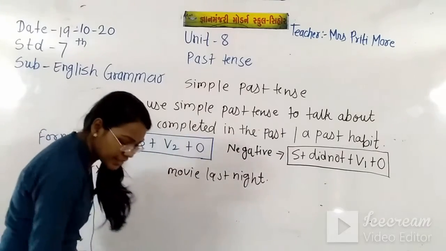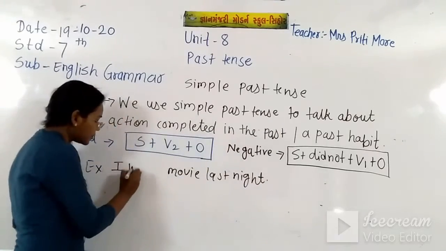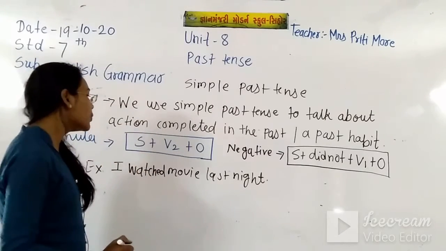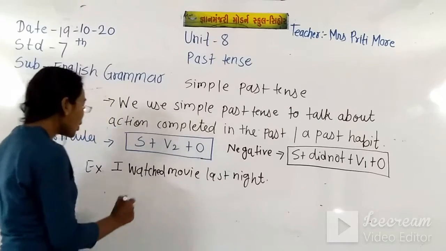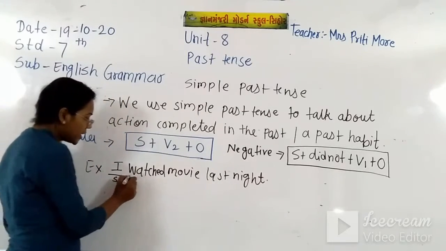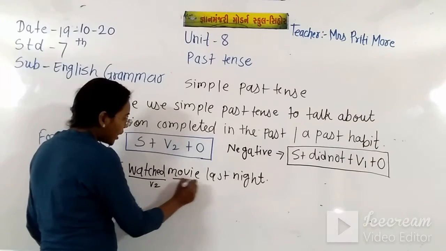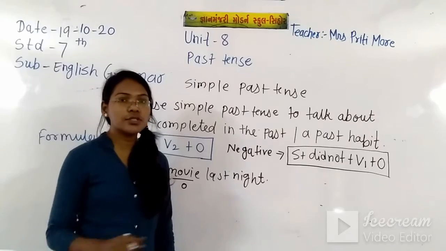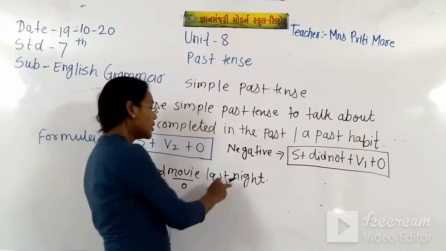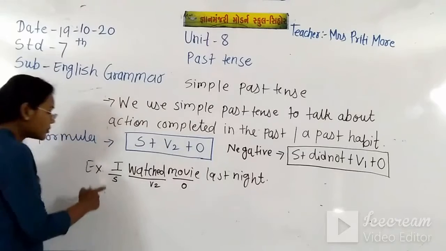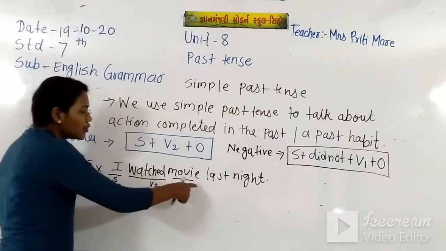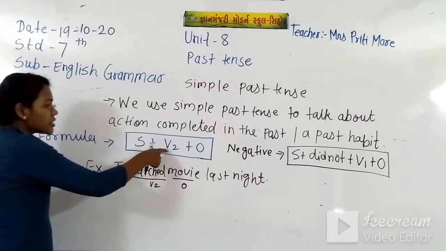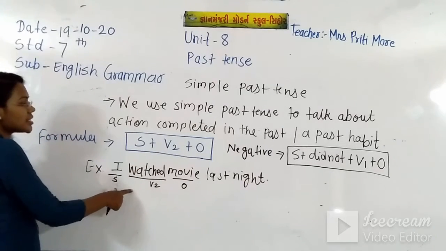So I just write here watched. I watched movie last night. So what I used here, this is the subject, this is V2 and this is the object, and the other words which we use to complete the sentence are called the complements. So I watched movie, this is my positive sentence, subject plus V2 plus object.